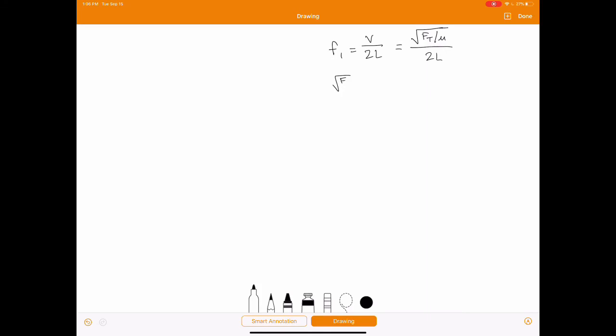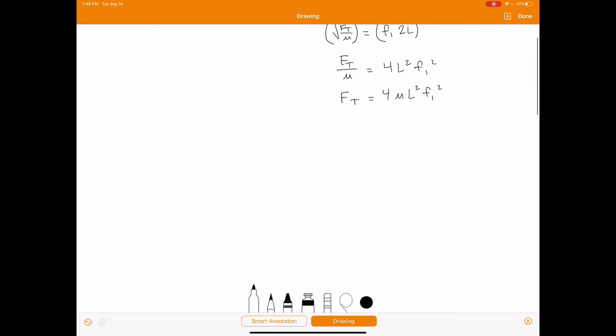So we have Ft over mu under the square root is equal to F1 times 2L. If we want to get rid of the square root, square both sides. And we have Ft divided by mu is equal to 4 times L squared times F1 squared. So the force of tension, Ft, is going to be 4 times mu times L squared times F1 squared.